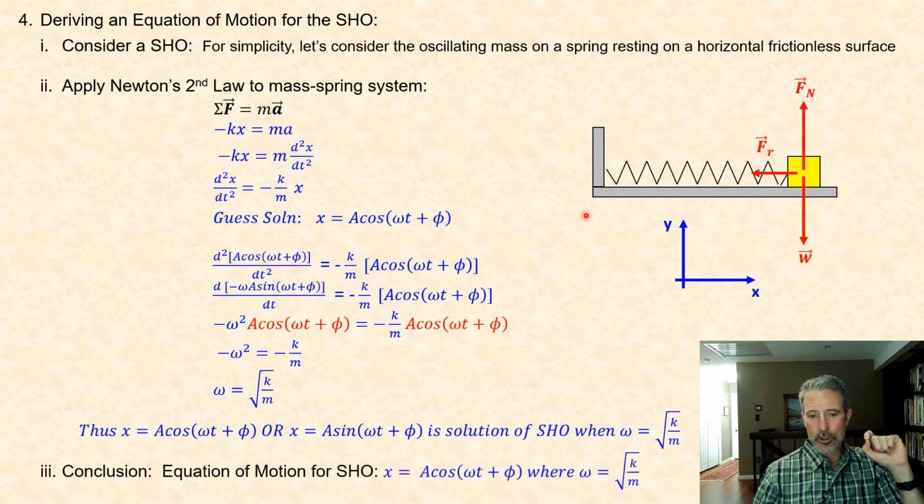So in conclusion, we can say that the equation of motion for the simple harmonic oscillator we can write as x equals a cos(omega t plus phi), where this constant omega is equal to the square root of k over m.